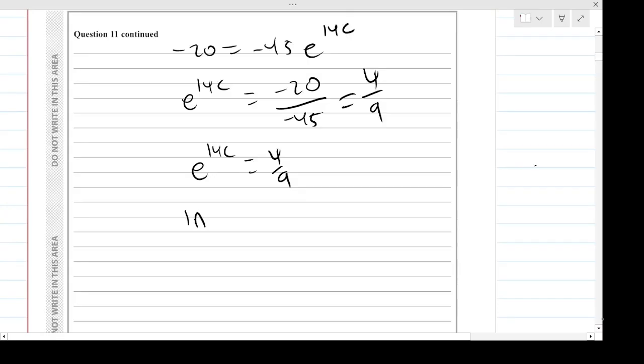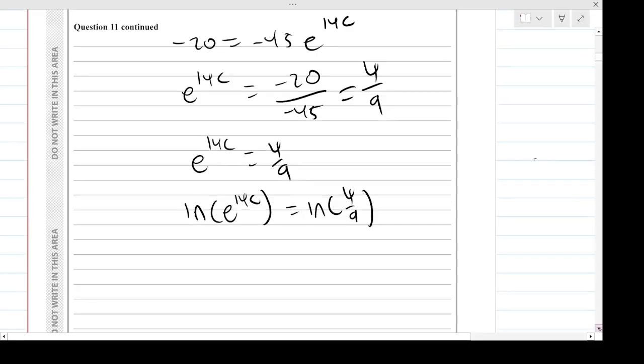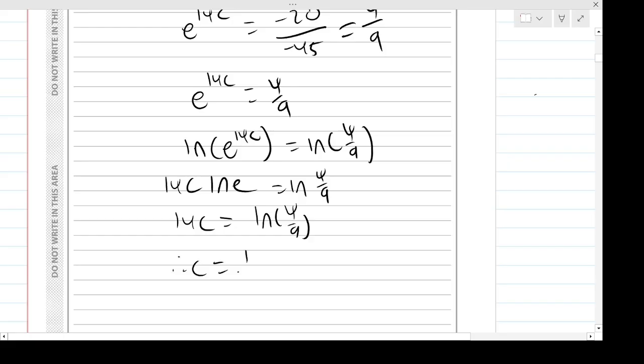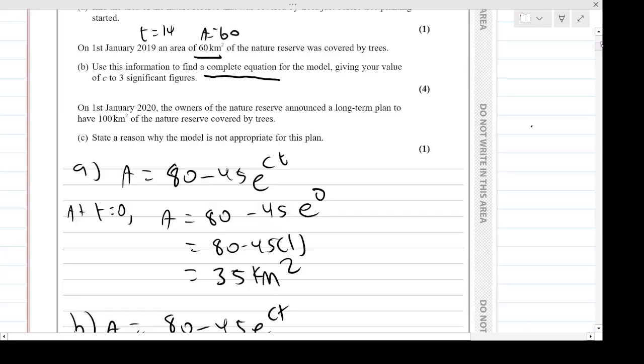So log base e of e to the 14c is ln of 4/9. Then I can use my log law, so the power comes to the front of the log. So 14c times ln e is ln 4/9. Well, ln e goes to 1, right? Log base e of e is 1. So 14c on its own equals ln 4/9. Therefore c is just a 14th of ln of 4/9. So that's the value of c.